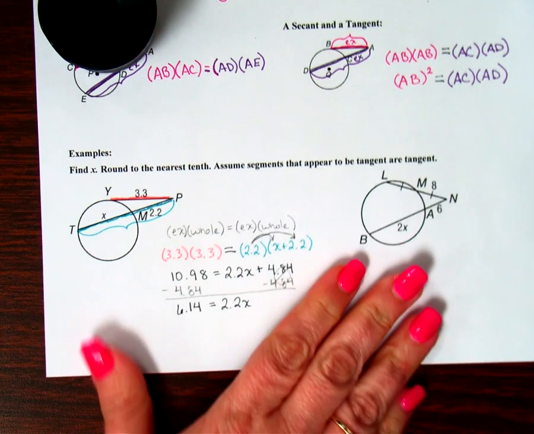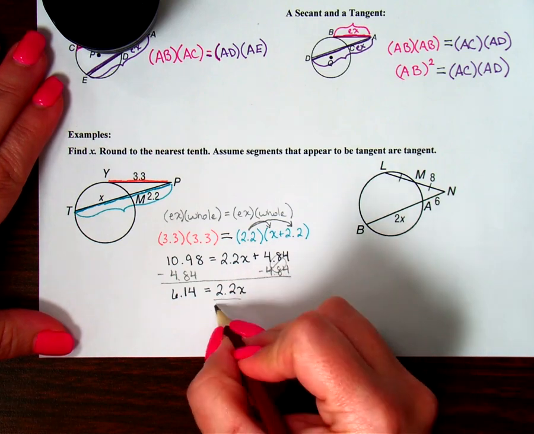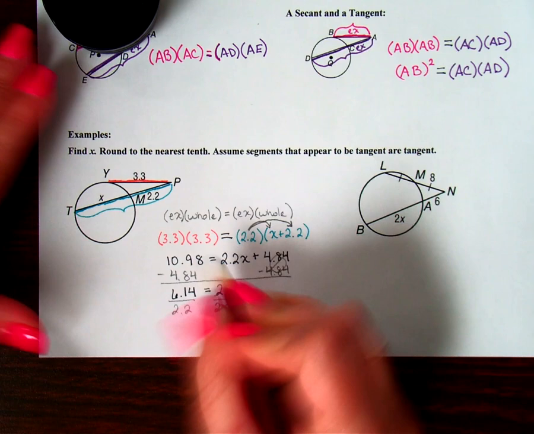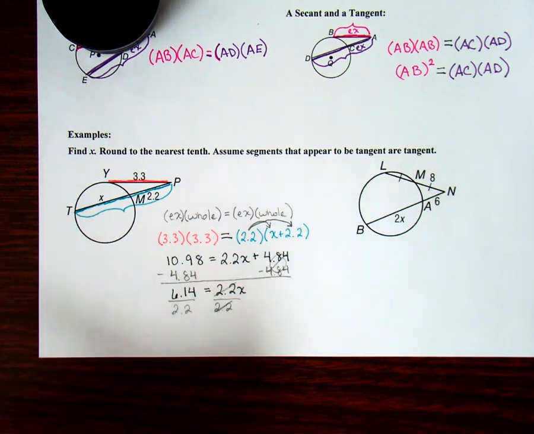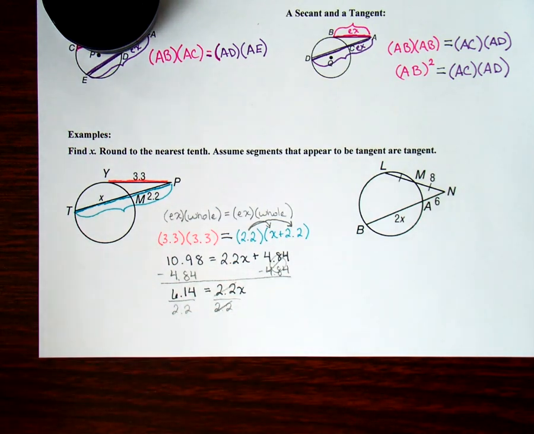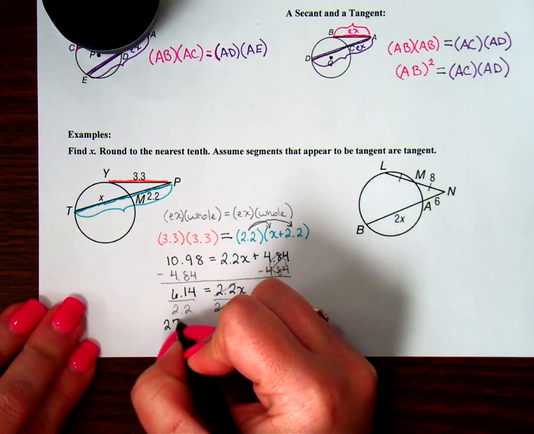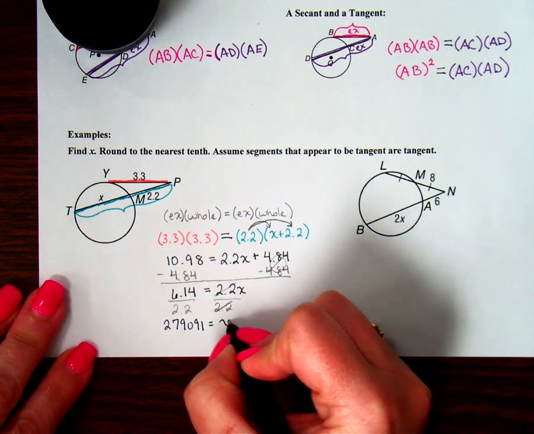Okay, then the last thing that I need to do is divide both sides by 2.2. 6.05 divided by 2.2 is 2.75 equals my x.